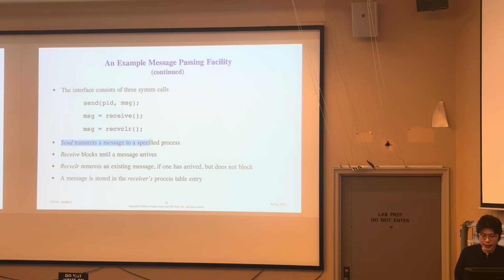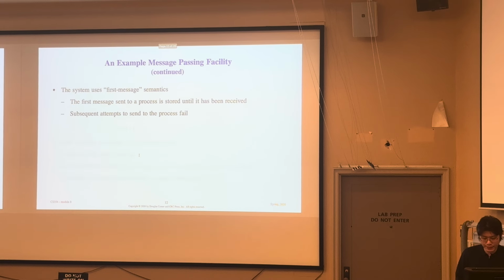So send transmits a message to a specified process. Receive blocks until a message arrives. Receive control removes an existing message if one has arrived, but does not block. We will look at it later. Each message is stored in the receiver's process table entry. The system uses a first message semantic, meaning the first message sent to a process is stored until it has been received.